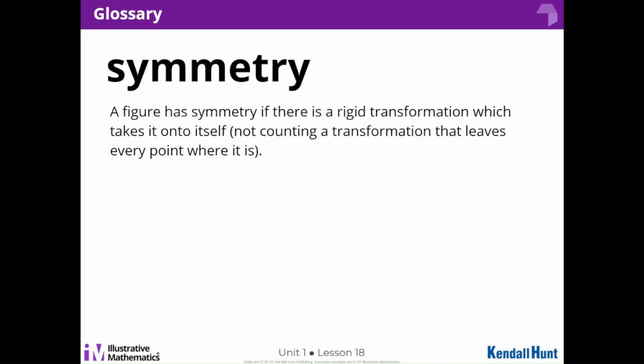But something like being able to reflect across a midpoint would allow it to take it onto itself. Something like taking an X and rotating it 180 degrees would put it right back on itself. That would be symmetry.